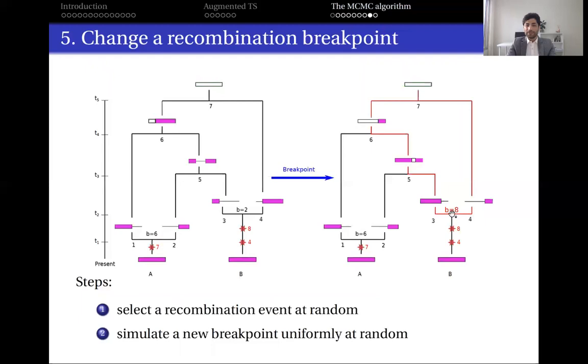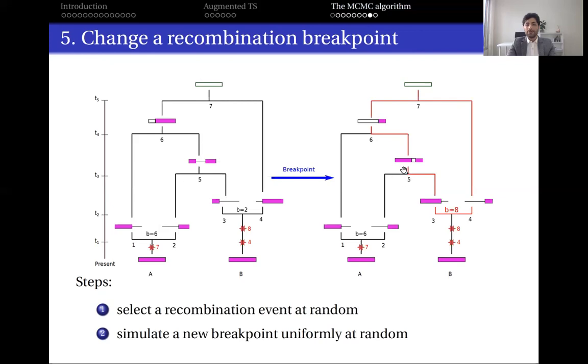Let's check here. When we have 8 as the breakpoint, then the ancestral material on 4 and 3 changes. That's a direct effect. But let's check 5. For 5, we originally had ancestral material from 0 to 2 and 6 to 10.